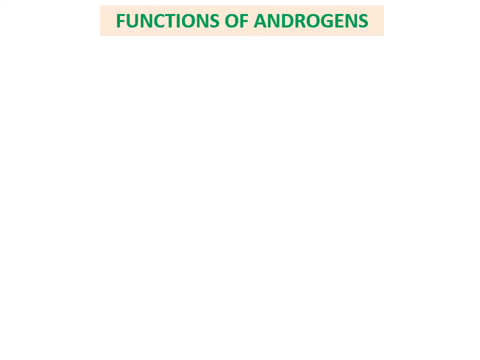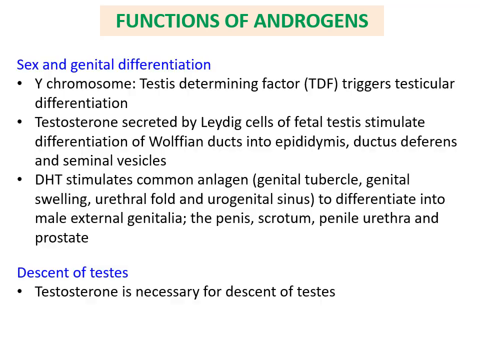Now let's have a look at the functions of androgens. Some of the functions here we have covered in the lecture of Physiology of Puberty. During fetal period, androgens are very important in the sex differentiation.